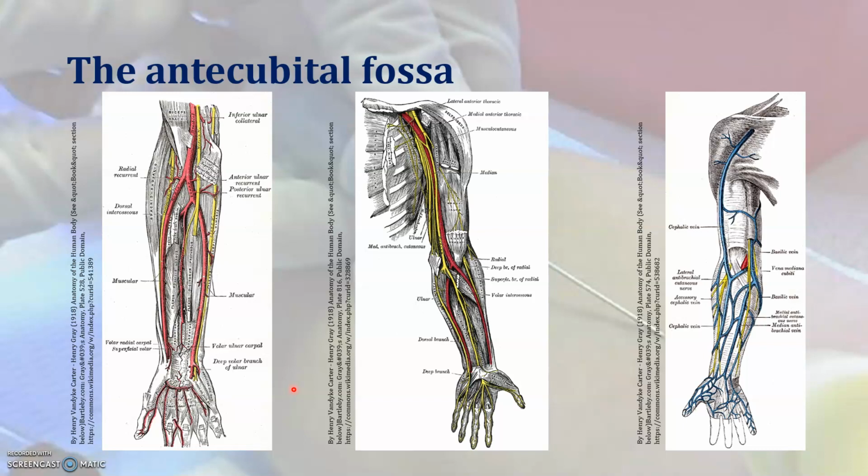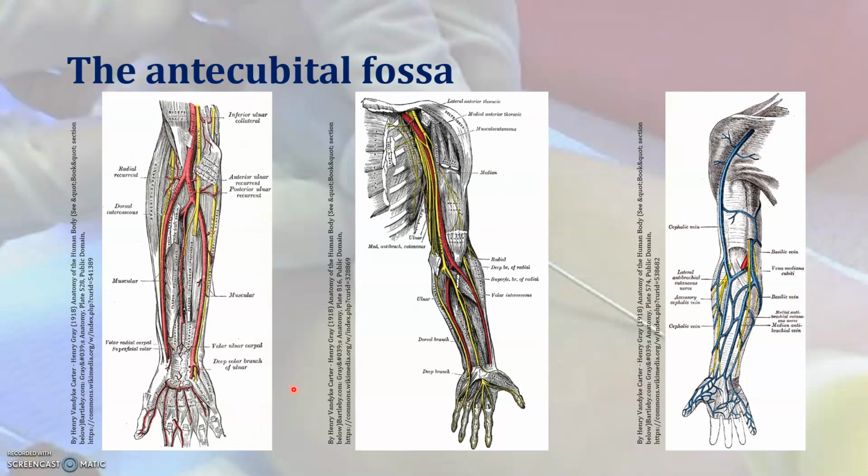It runs deep to the bicipital aponeurosis and then emerges to run on the medial side of the biceps tendon, and at the apex, so the distal end of the fossa, it breaks up into the radial and ulnar arteries, which pass down the radial and ulnar borders of the forearm respectively, the radial artery being more superficial while the ulnar artery runs more deeply.